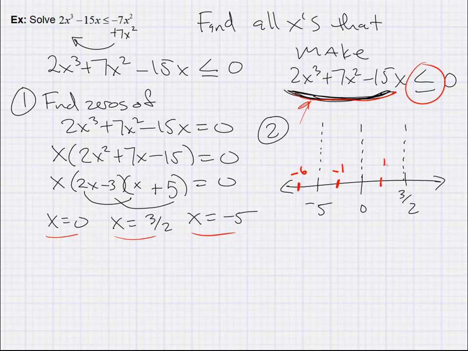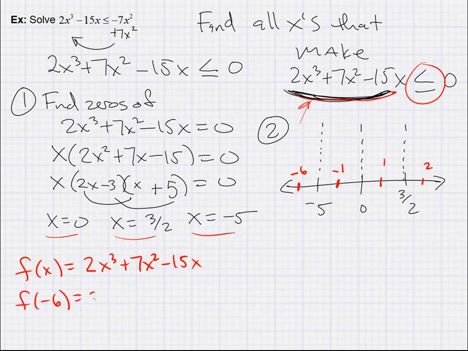Keep going, 1, 2, and plug these checkpoints in and see what kind of answer I'm going to get. So if my function is 2x cubed plus 7x squared minus 15x, and I want to find f of negative 6, I go 2 times negative 6 cubed plus 7 times negative 6 squared minus 15 times negative 6.